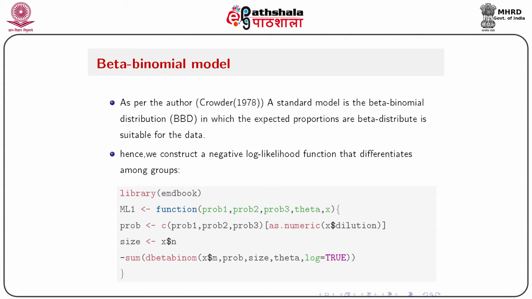ML1 is a function of prob1, prob2, prob3, theta and x, and then prob equals c(prob1, prob2, prob3)[as.numeric(x$dilution)], and then size equals x$n, and then minus sum(dbetabinom(x$m, prob, size, theta, log=TRUE)), because prob1, prob2, prob3, theta and x are the arguments, so that can be used to get the negative log likelihood function for the beta binomial model.